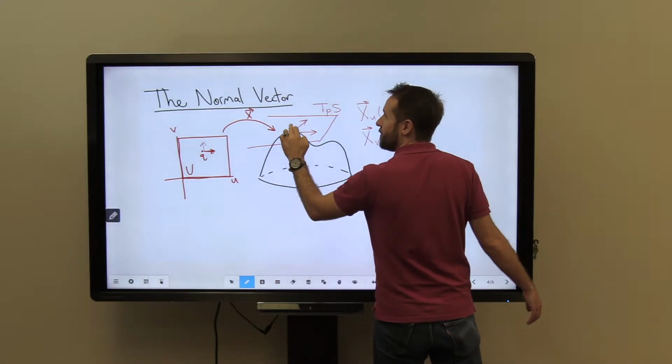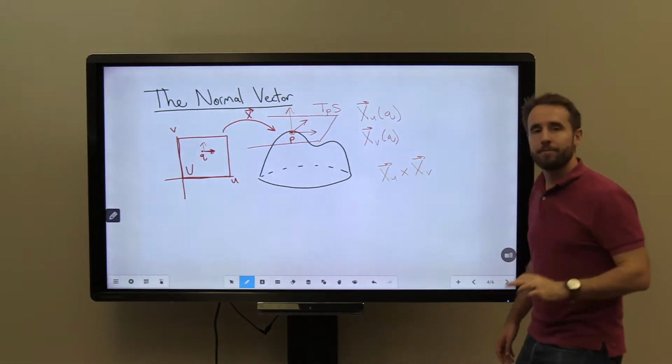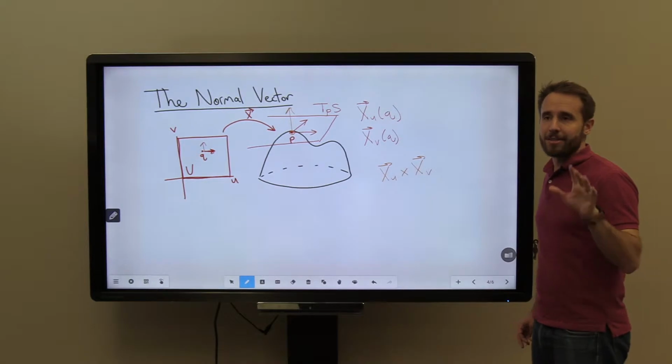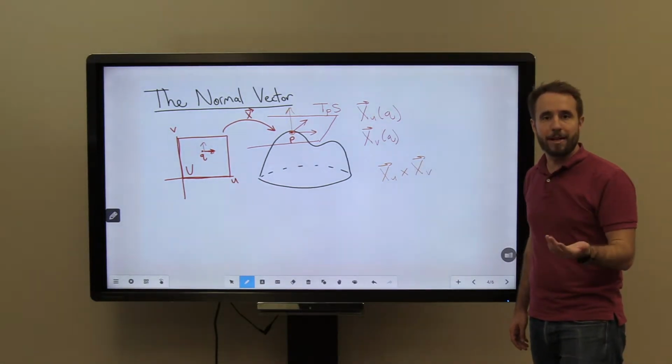It will point up in that direction there. And so that gives us a perpendicular vector, or a normal vector.